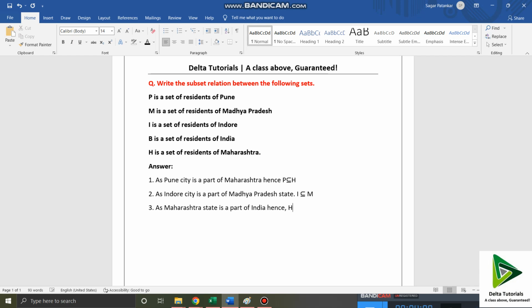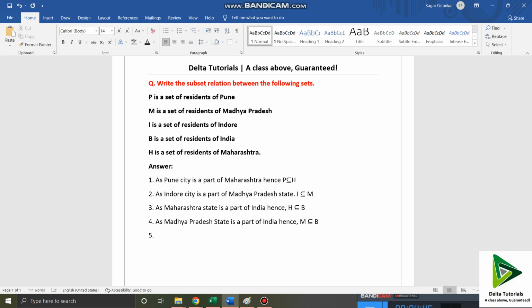Hence, H is a subset of B. Similarly, we can write for Madhya Pradesh: Madhya Pradesh state is a part of India. Hence, we can say that M is a subset of B.